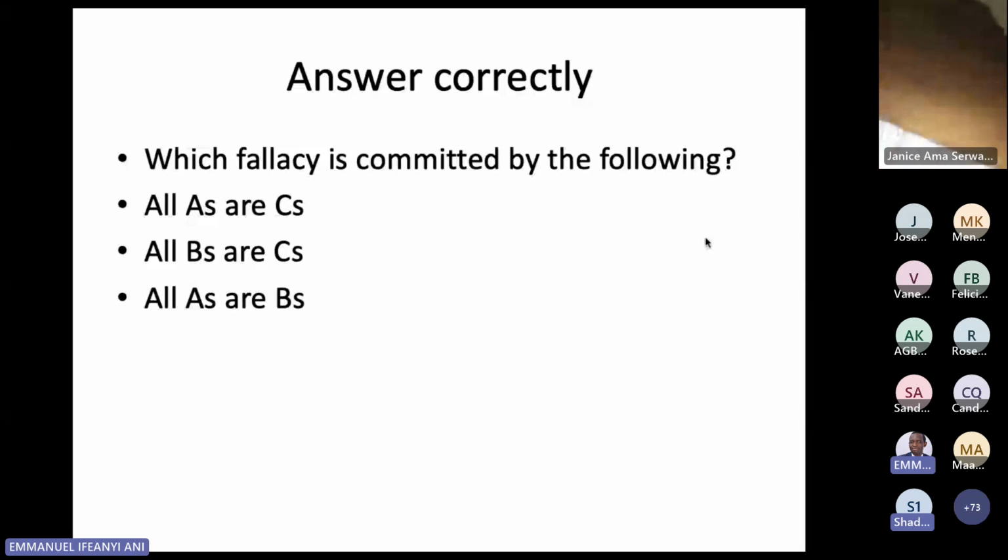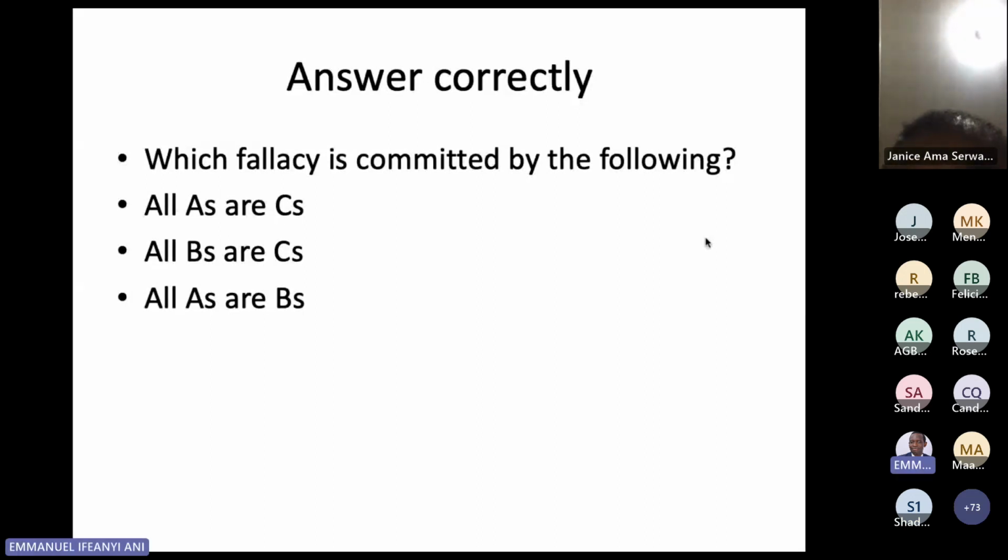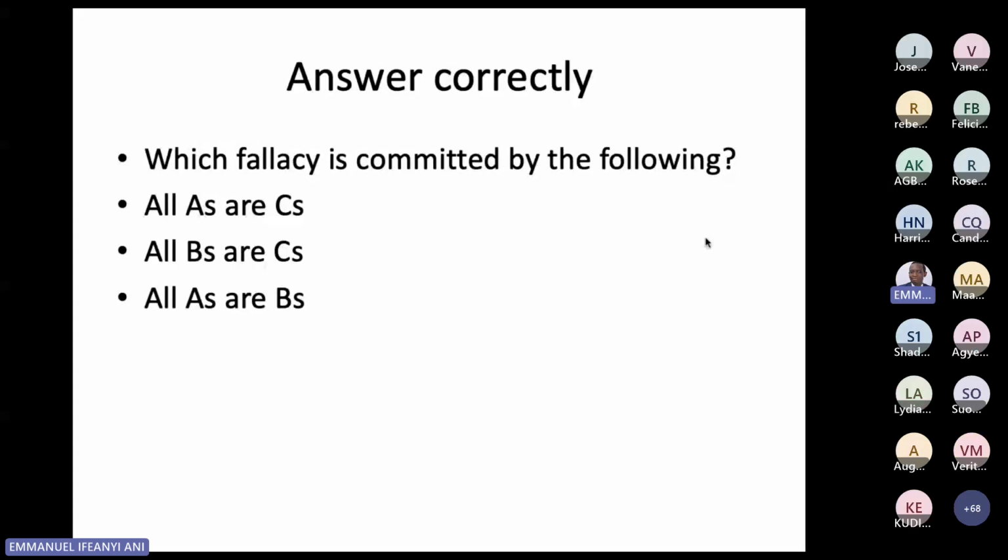So that is the second type of hypothetical fallacy. So all Ghanaians are Africans, all Kenyans are Africans, therefore all Ghanaians are Kenyans. So that's correct.